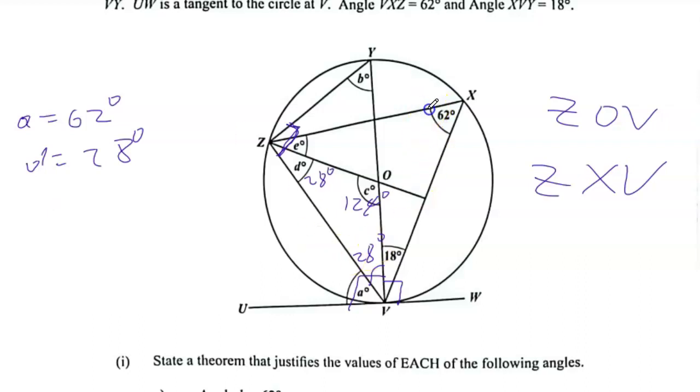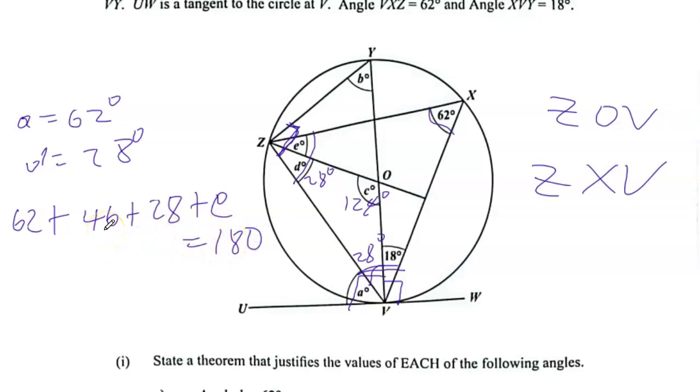the angle in this triangle, Z at X, will be 62. The angle at V there will be 28 and the 18, that's 46. Plus these two angles, D and E, should complete the 180. So that's 28 plus E, and all of that should equal 180.